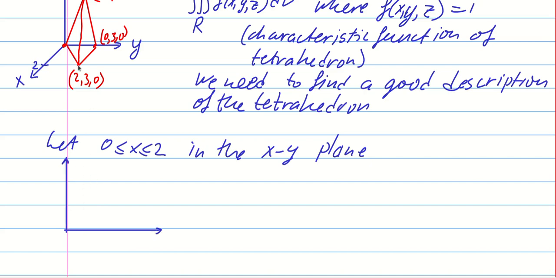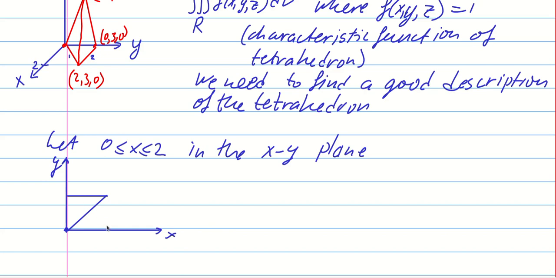So we have this red line over here, let's call it line number 1. So line number 1 goes like this, and then line number 2 goes over here. Sorry, this is y and this is x.